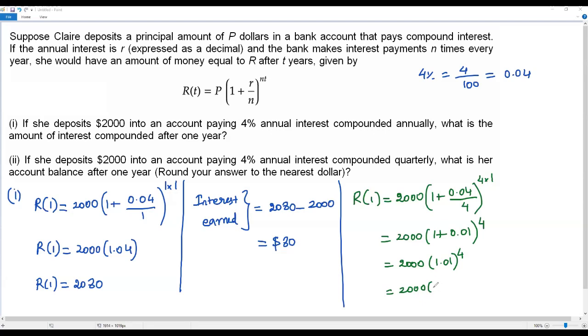Its value is 1.04060401. So when I multiply 2000 and this value, I am getting 2081.20802. According to the information in the second part of the question, we have to round our answer to the nearest dollar. So when I round this to the nearest dollar, I am getting $2081.